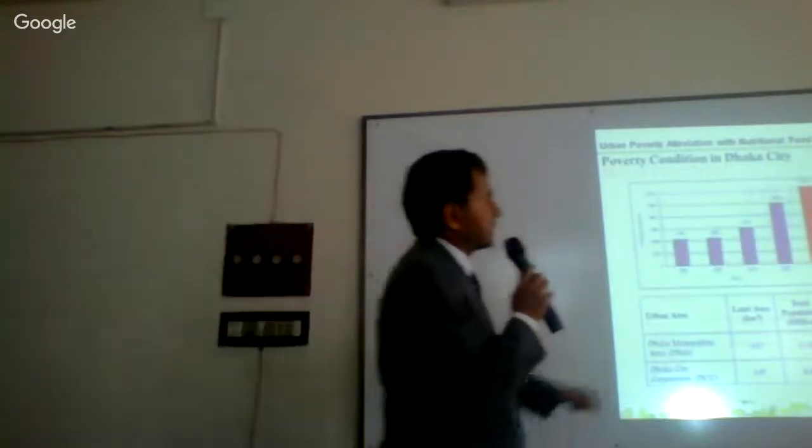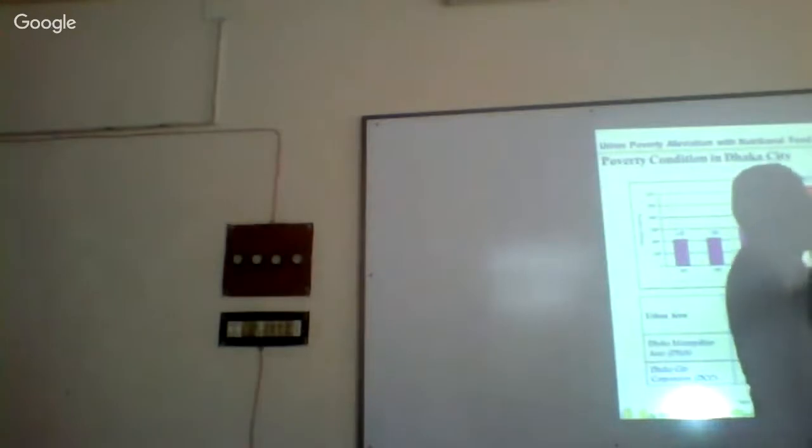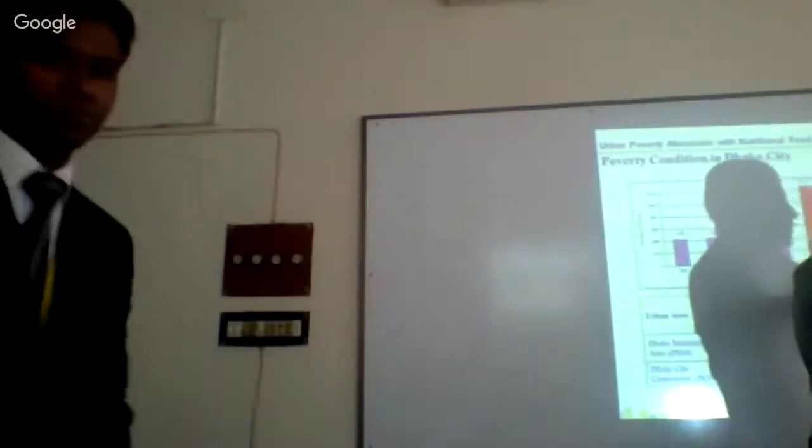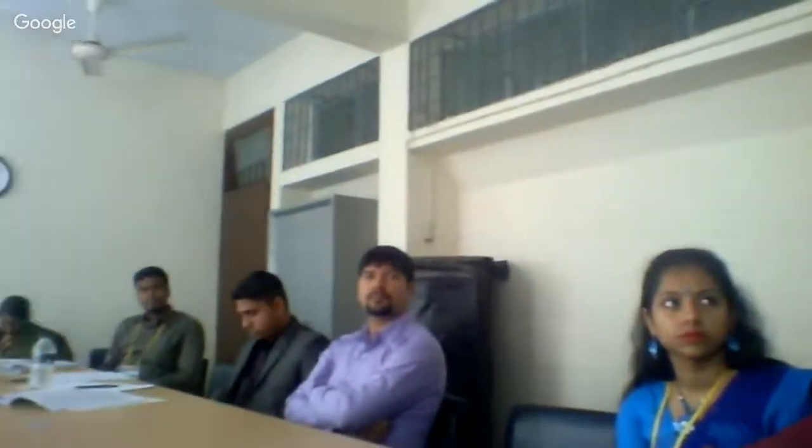This is the Dhaka city corporation area, which is very small, so I think it will be difficult to understand the slum clusters on this map. In Dhaka city corporation, there are 4,342 slum clusters.